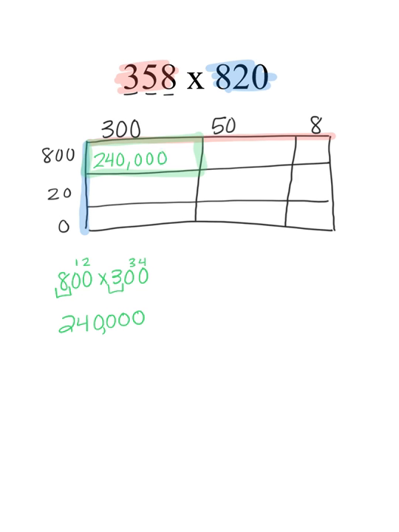And I'll do the same thing for the other boxes. In the box below, it would be 20 times 300. 2 times 3 is 6, and there are 3 zeros. So that is 6,000. In the next box, it would be 0 times 300, which is just 0. 0 times anything equals 0.